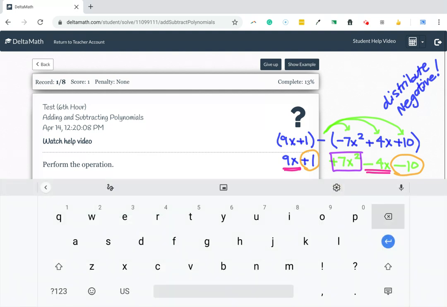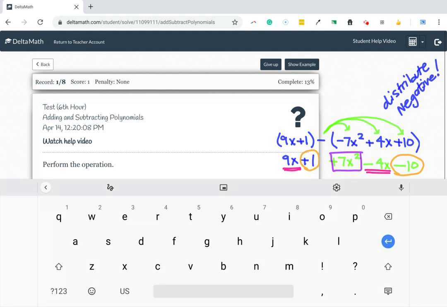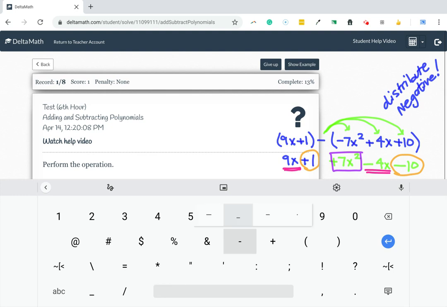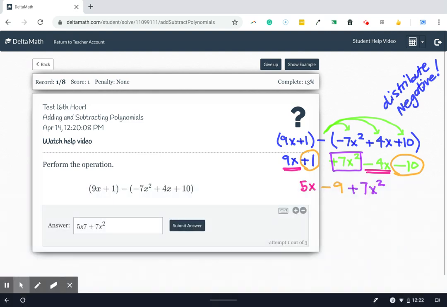It's worth a try. Delete, delete, delete. Okay, you guys might just have to trust me. It's kind of a disaster going on here.